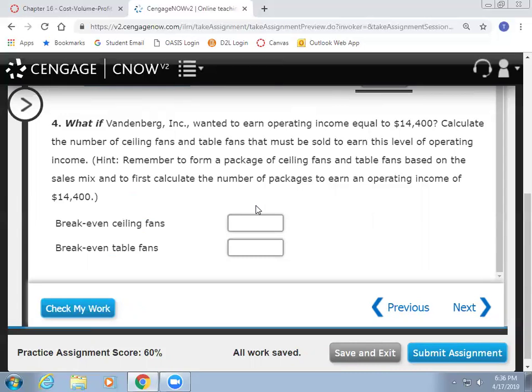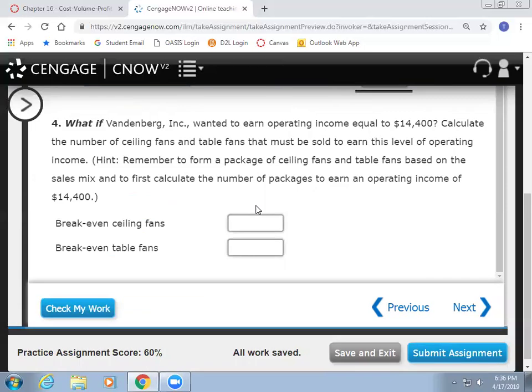Okay. So to change that for target income, we're taking our total fixed and adding in the 14,400 of target income. So thankfully it's not super long. We're just changing that break even into a target income.